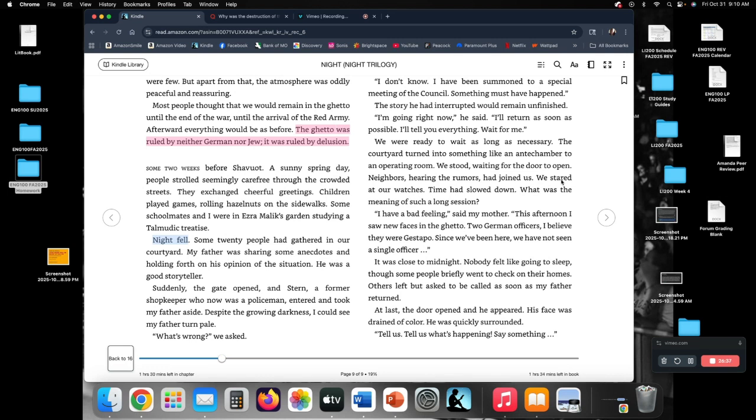Sometimes our reality is what we tell ourselves it is, and that's what the Jews were doing. But we know, especially with the perspective that we have as readers, knowing what's coming, that the delusion is a safety measure, but also ultimately what leads to their demise, at least initially, because of thinking that it's not going to be that bad.